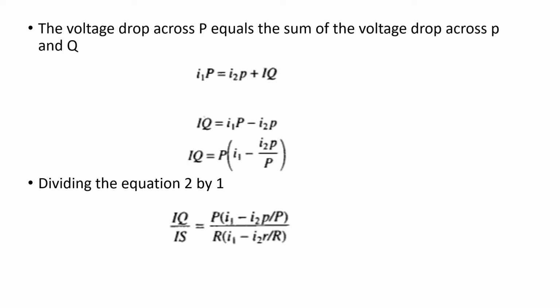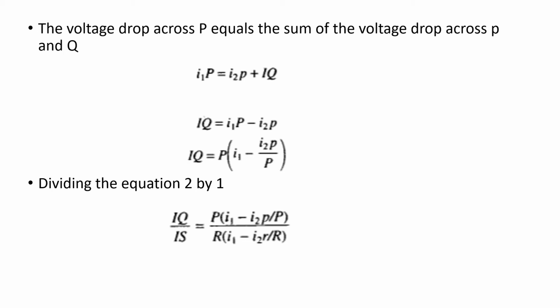So, I1P is equal to I2 small p plus IQ. So, IQ is equal to I1P minus I2 small p, and IQ is equal to P into (I1 minus I2 small p divided by capital P).